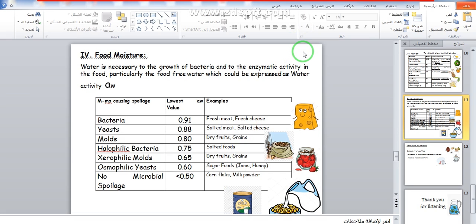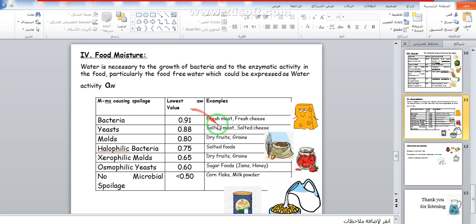The other factor is food moisture. Food moisture is very necessary. Water activity, or the active water, is the important part of the food moisture that is necessary for the growth of bacteria and enzymatic activity in the food. The table shows the microorganisms which could cause spoilage to foods down to the lowest active water value.